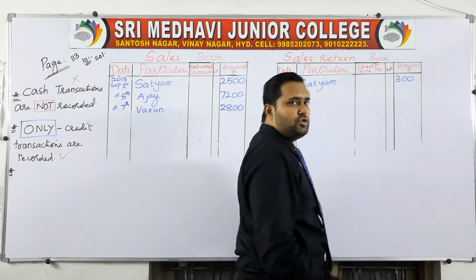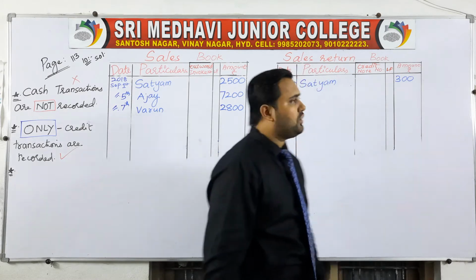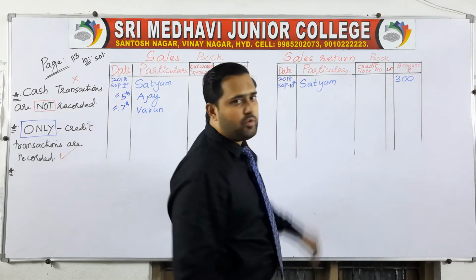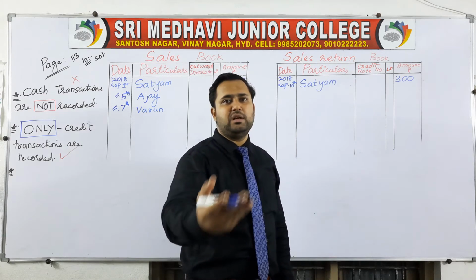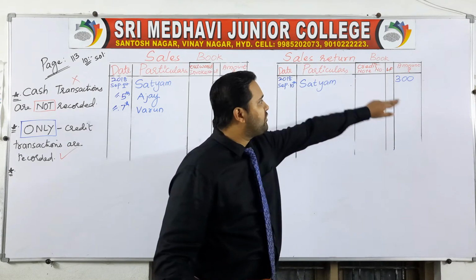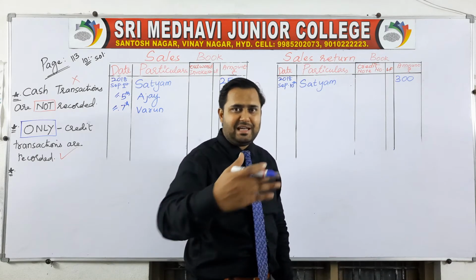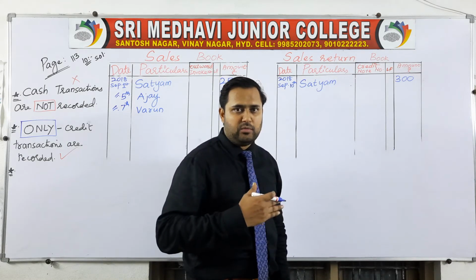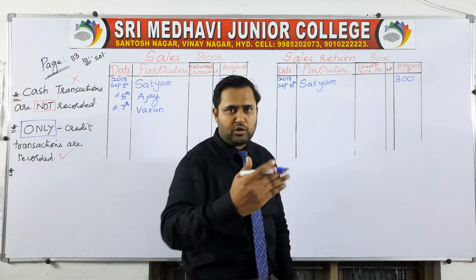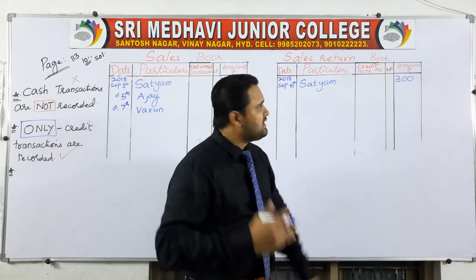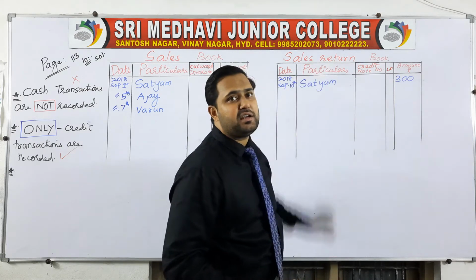He returned the goods to us. That is why it is called sales return. We have already sold the goods to Satyam, now he returned the goods of rupees 300 to us. Sales, and he is returning now. We already sold, return. So it is nothing but sales return.